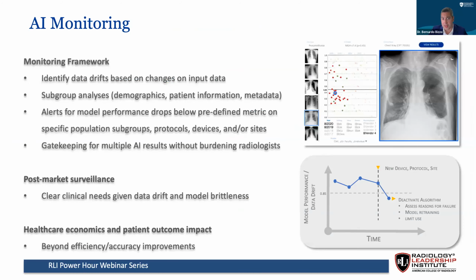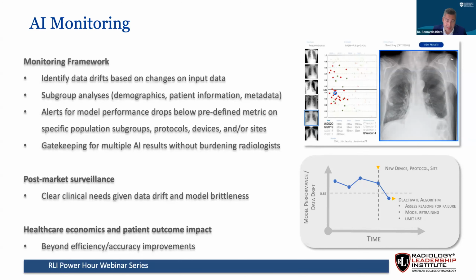And I'll finish by saying that these are very early days for AI governance and deployment. The process will continue to evolve. A robust monitoring framework is also critical and can be based on gatekeeping results. For example, how many times the radiologist accepts an AI image that was generated by the tool, in a prompt that allows them to accept or reject those to be persisted in the medical record, or not accepted the report being drafted.